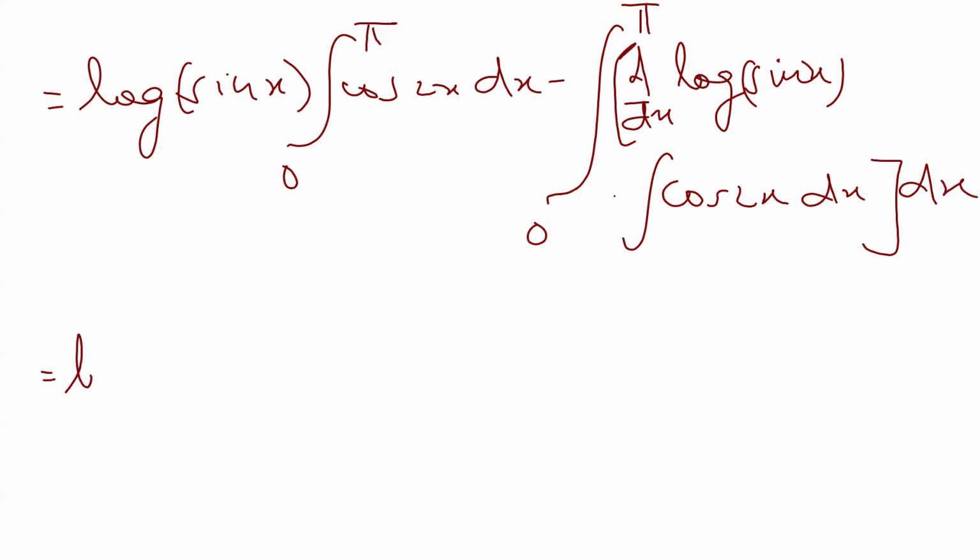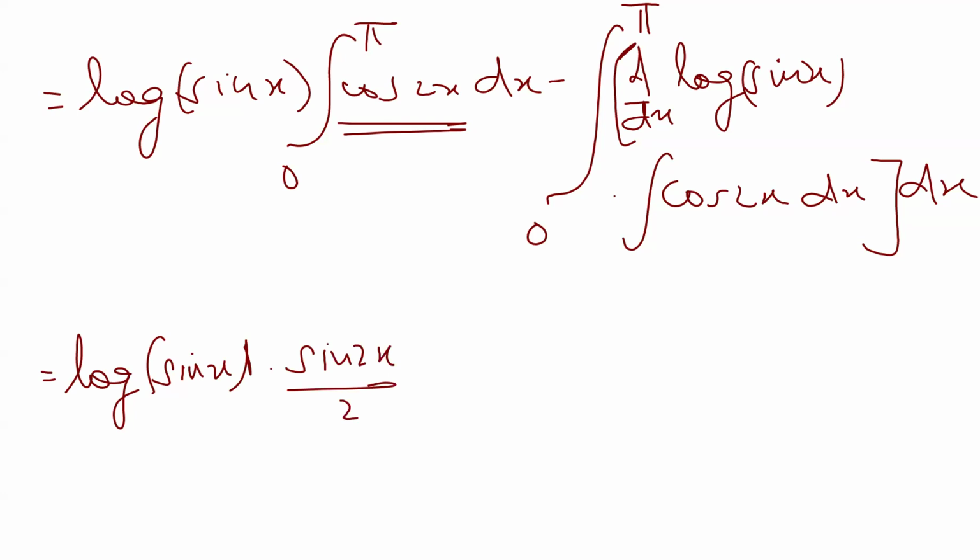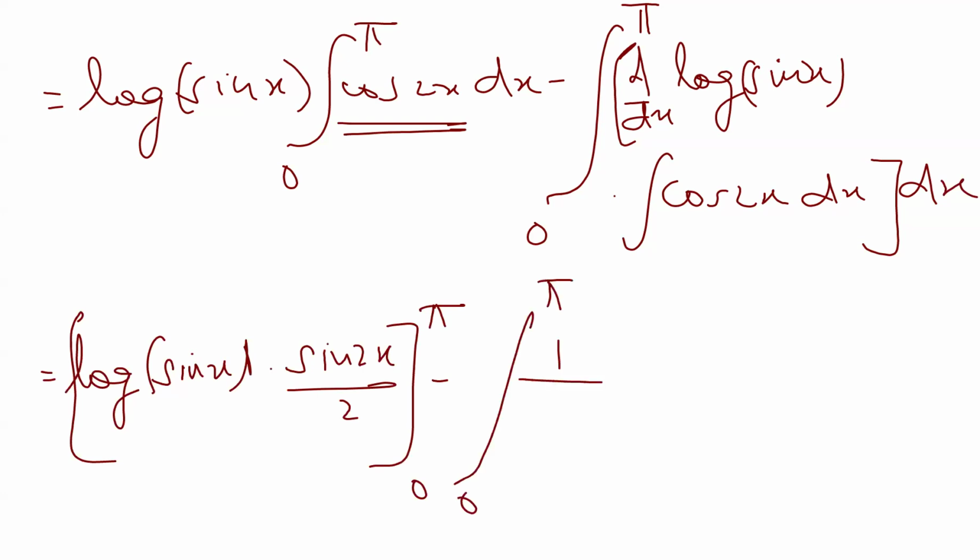So log sin x into integration of cos 2x, which is sin 2x upon 2. Now why upon 2? That is due to the chain rule. 0 to pi, bigger integral, derivative of log sin x is 1 upon sin x into d by dx of sin x.